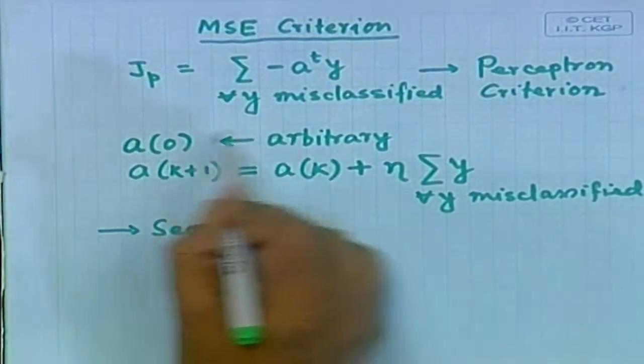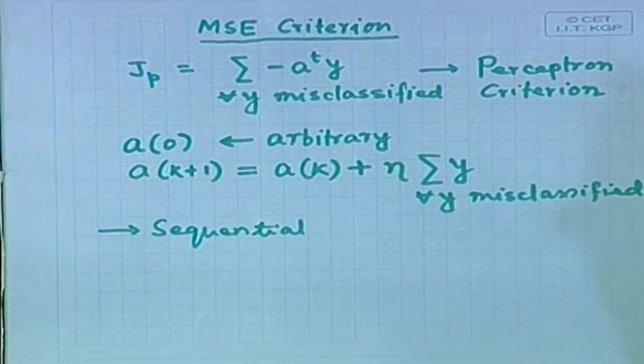where the first step, selecting A0 arbitrarily, remains the same, and you take the samples one by one. Whenever a sample is misclassified, instead of aggregating all the misclassified samples together, you immediately update the weight vector A. So our weight updation rule was sample by sample.